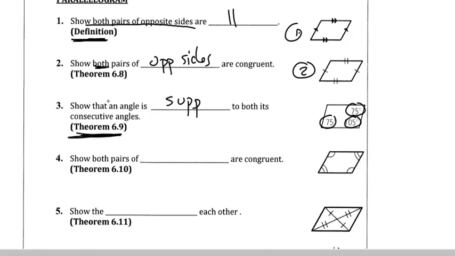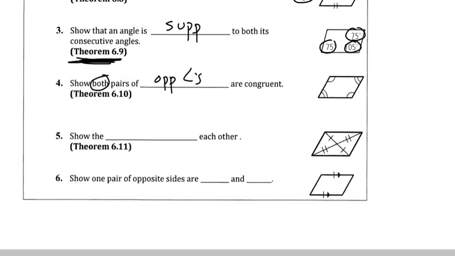Don't worry about these. What you would say here is an angle is sup to both of its consecutive angles, rather than memorizing that. The next one says show both pairs of opposite angles are congruent, and it has both. You cannot just do one pair. If you know that, then it's a parallelogram. The next one is the diagonals bisect one another.